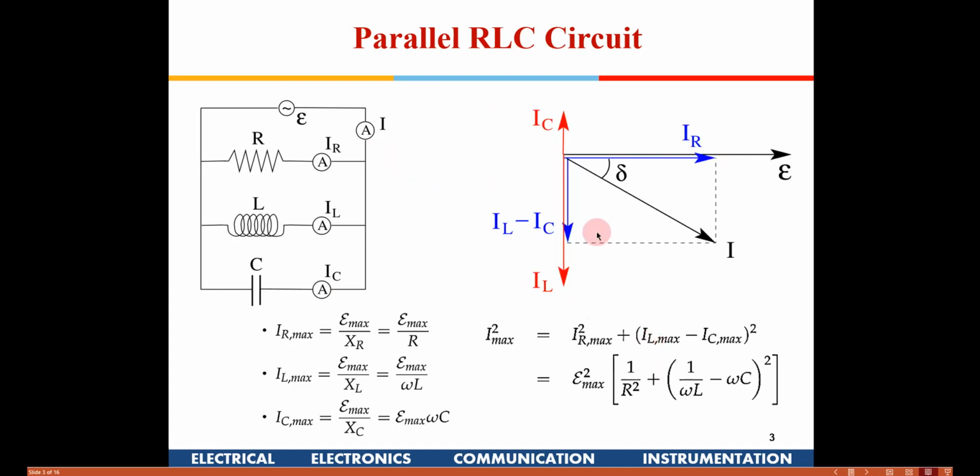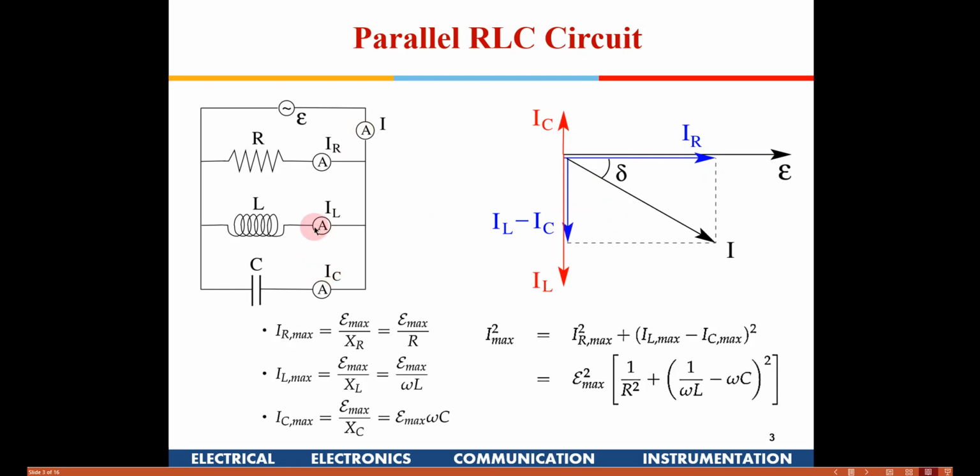If I make a phasor diagram here, this is the voltage vector, the applied voltage, shown on the x-axis. The current in the resistor will be in phase, because the voltage and the current in the resistor will be in sync, with no phase difference, because it is going to follow Ohm's law, V is equal to IR. So IR is shown in phase with the applied voltage, and the same applied voltage is available across the inductor and the capacitor also.